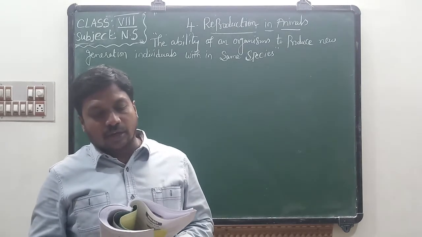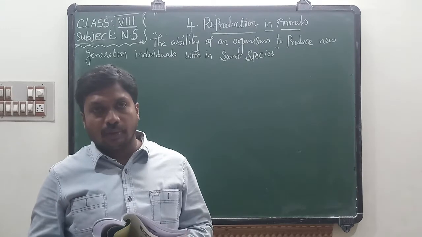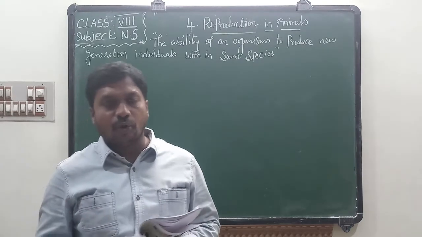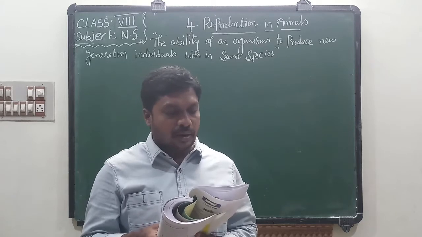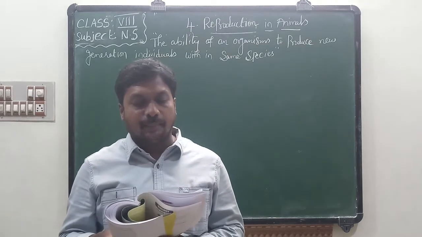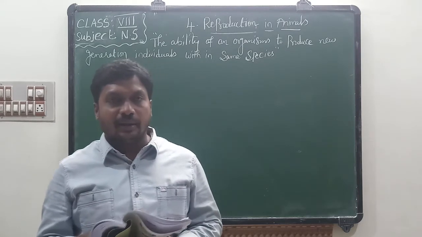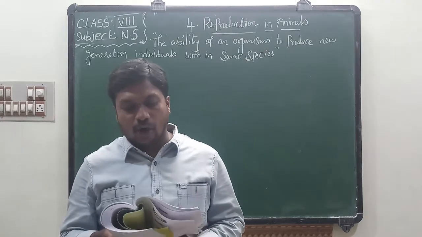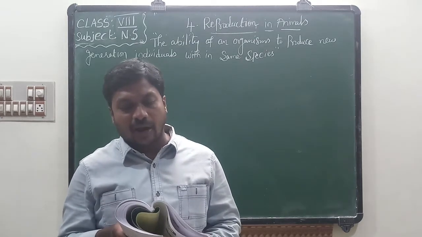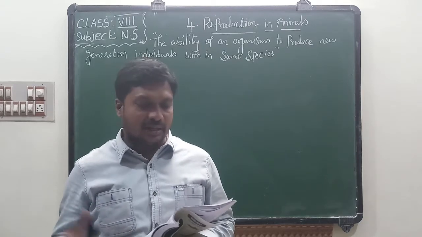Next, in the third column of serial number 5 you have to write crow. Does crow have external ears? No. Why? Because crow is a bird. Last, the 6th serial number. There you have to write cat. Cat has external ears. In the third column, 6th serial number, you have to write snake. Snake does not have external ears.